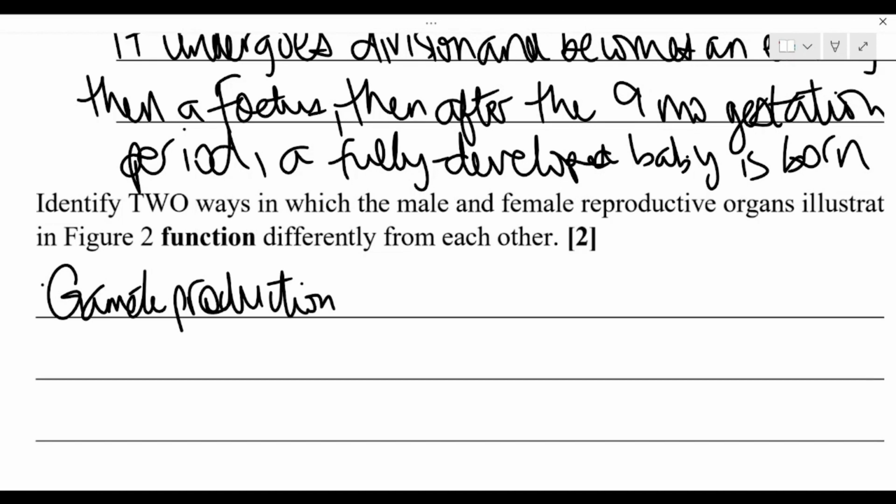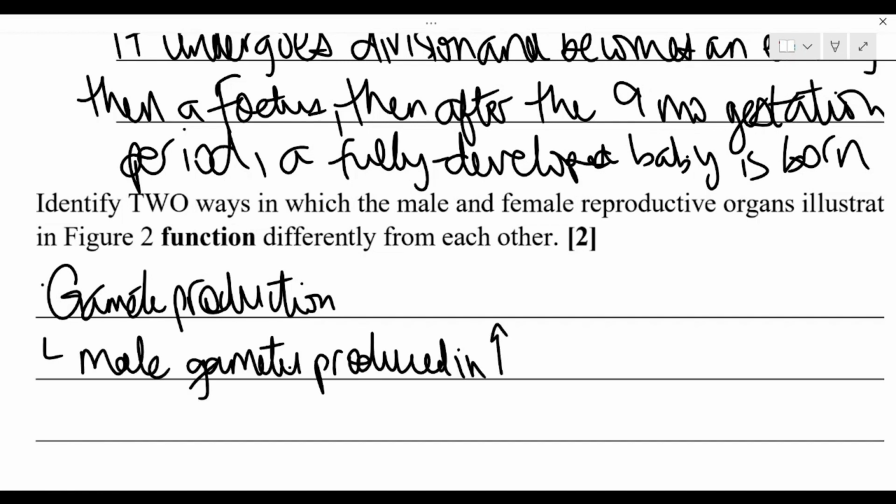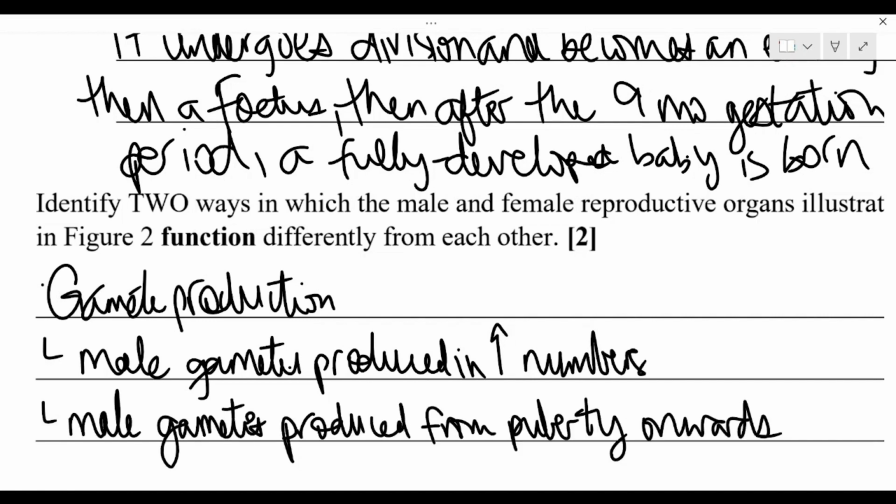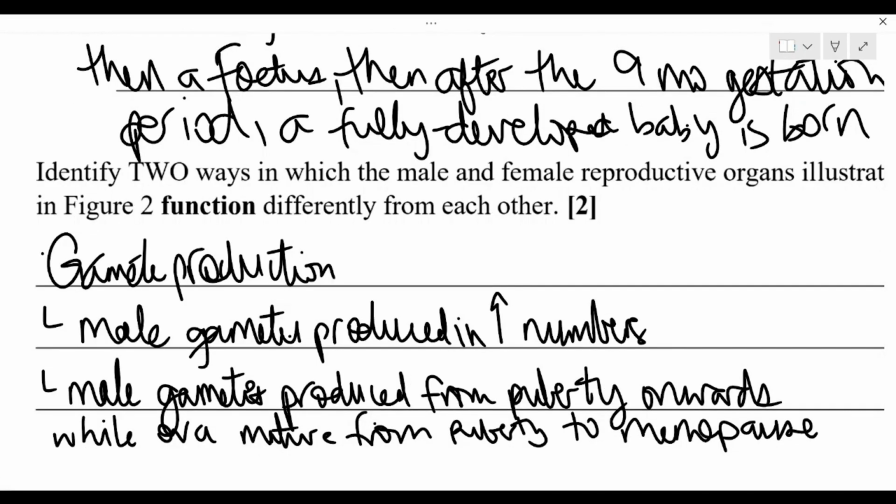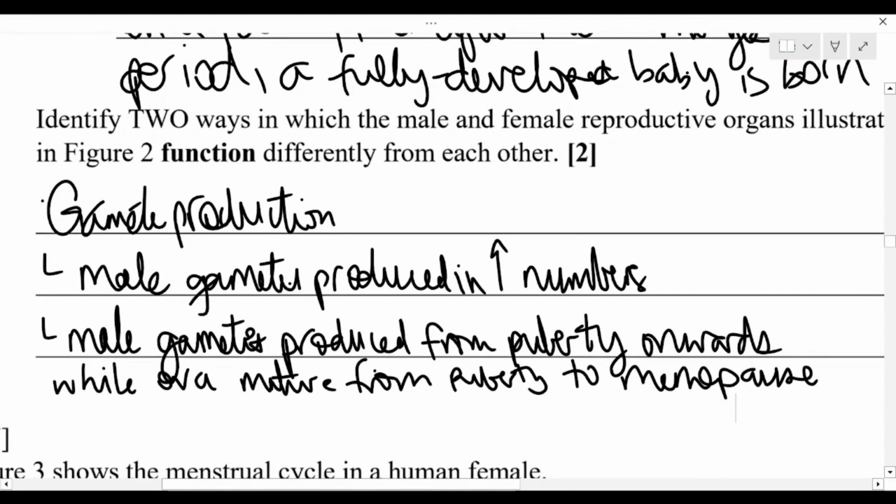And gamete production has subpoints because you could either say that male gametes are produced in larger numbers, or that male gametes are produced from puberty onwards, while ova mature from puberty to menopause. There are other differences in gamete production as well, but moving on to a different function.